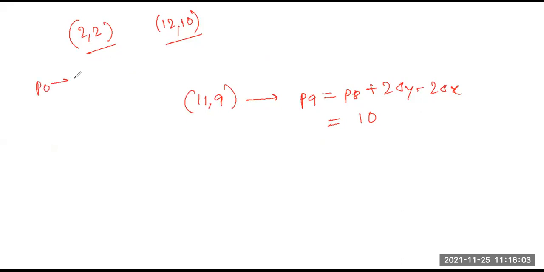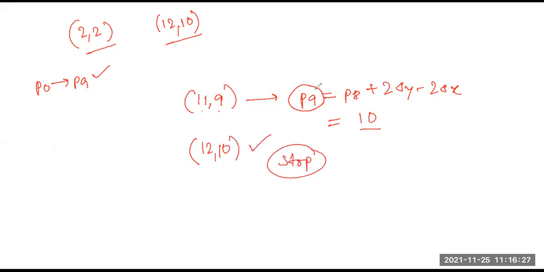So for P0 to P9 only, I will calculate 10 times, but I will use the concept of P9 to just plot the next point. So P9 is greater than 0, so the next point will be x plus 1, y plus 1. So 12 and 10, and that's it. We stop, since we have calculated 10 times our decision parameter.